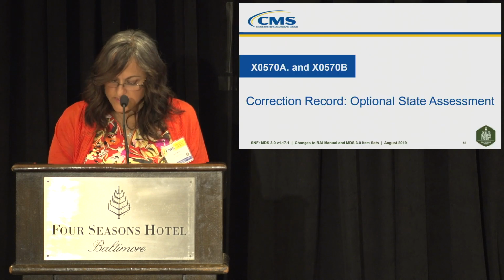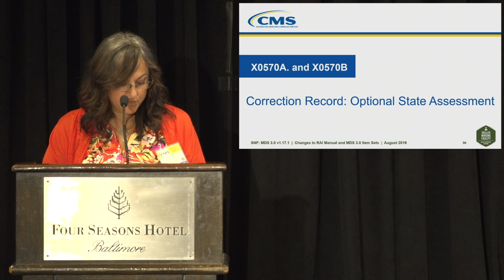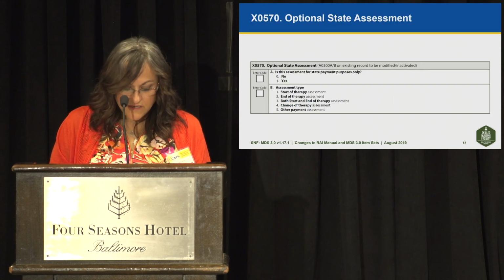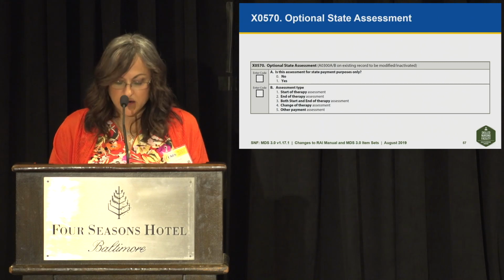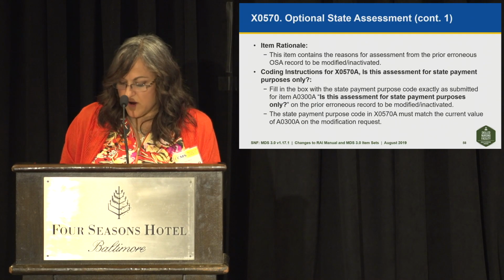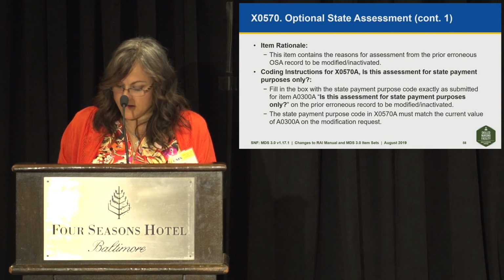Okay. Due to the addition of the OSA, changes were made in Section X, correction record. The item X0570, optional state assessment, is a new item that was added. And this item tracks back to items A0300A and B on the existing record to be modified and inactivated.